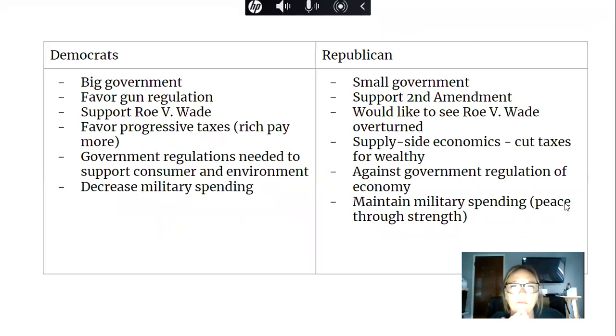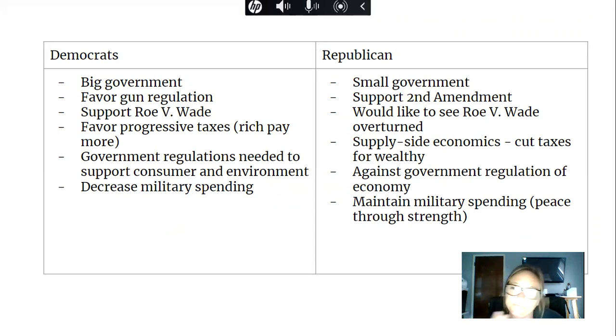Okay, and then that brings us to Republican versus Democrat. We'll start with Democrats. Again, Democrats prefer big government, so lots of government involvement, not just in the economy, but regulations in the environment, etc. The idea behind that is, if you leave it up to the states, sometimes the states aren't doing the right thing.